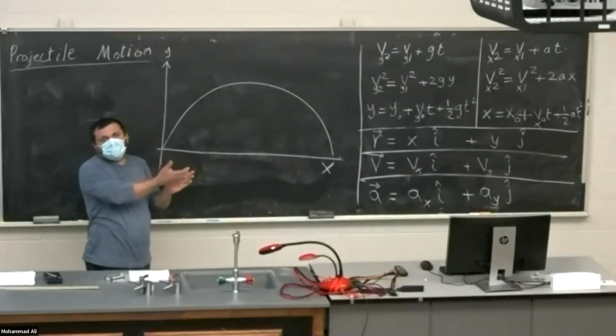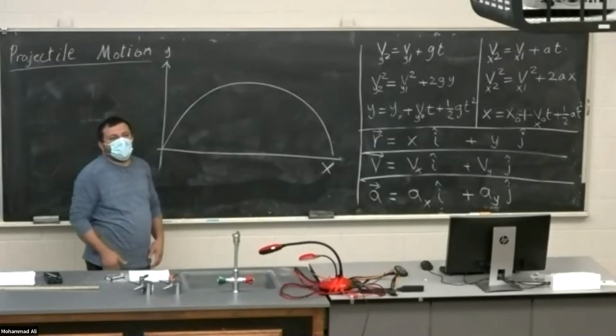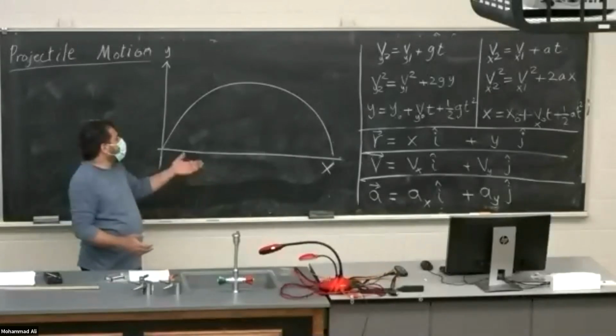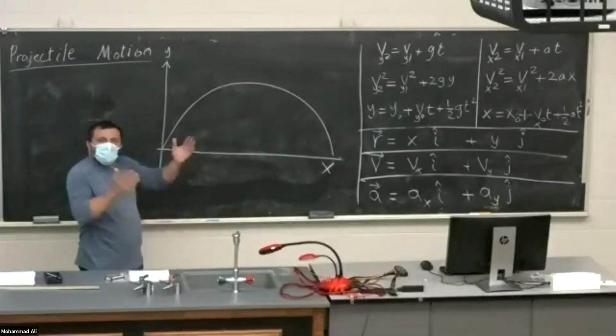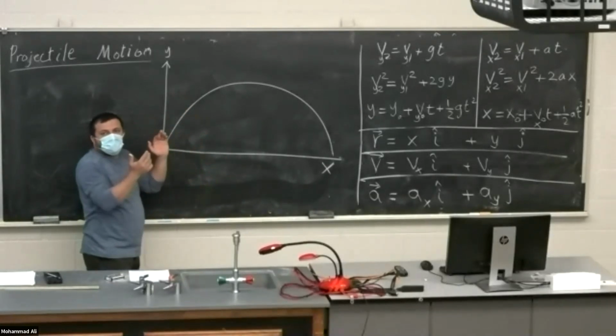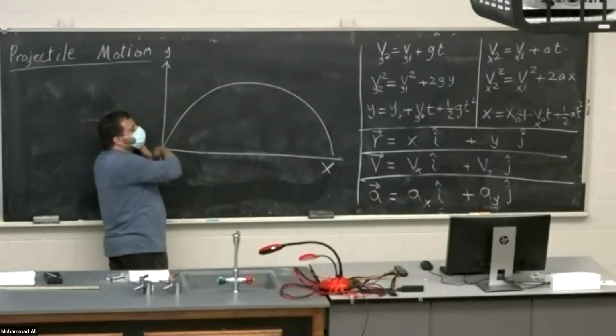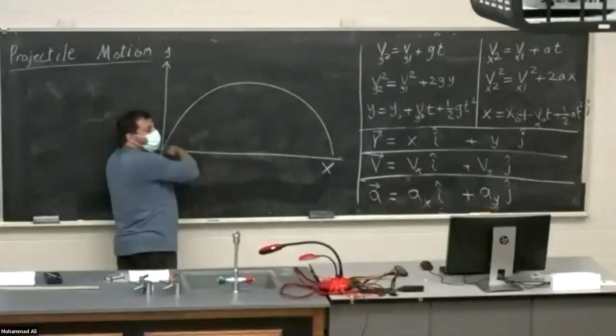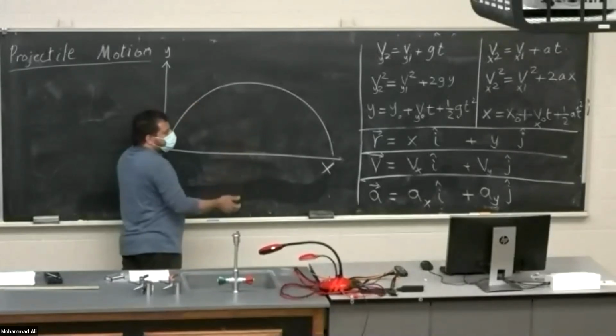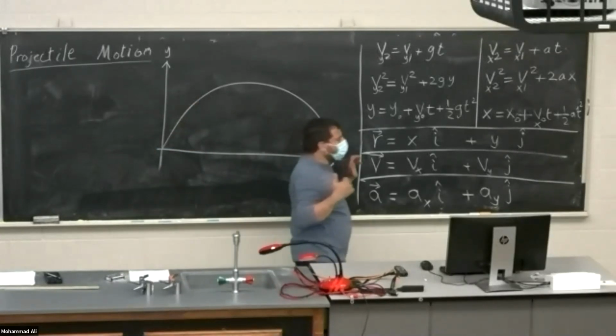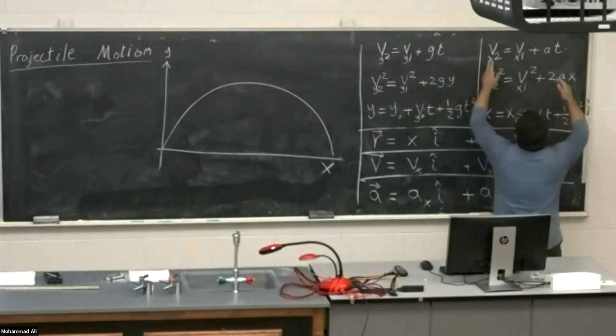When we study them now, you will see that we study the horizontal and the vertical motion alone. But later, when we finish the question, we will see that we solve a problem in two dimensions.